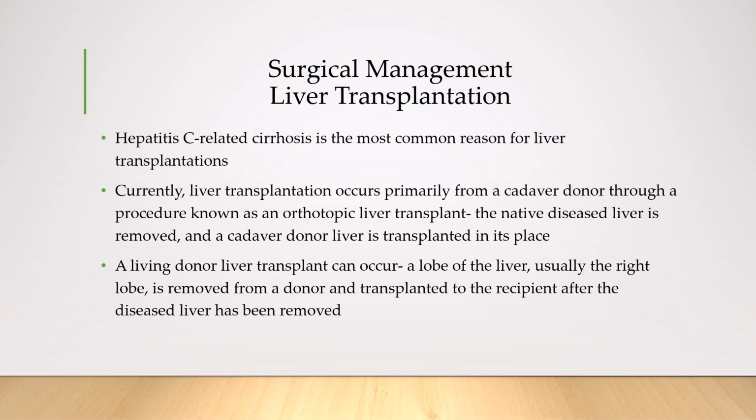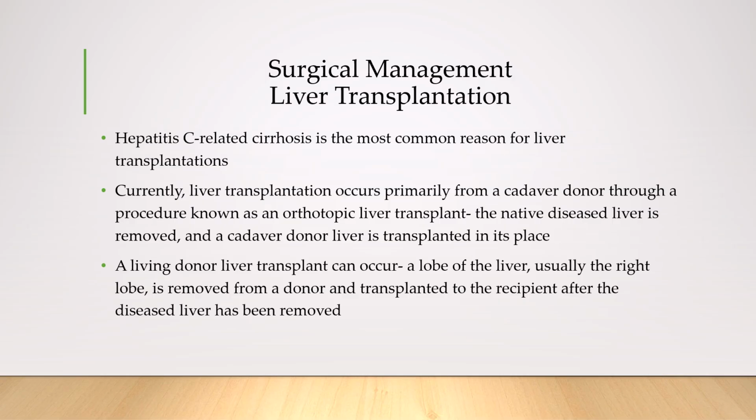So now let's talk about surgical management. And surgical management here involves liver transplantation. Hepatitis C related cirrhosis is the most common reason for liver transplantations. Currently, liver transplantation occurs primarily from a cadaver donor through a procedure known as orthoptic liver transplant.